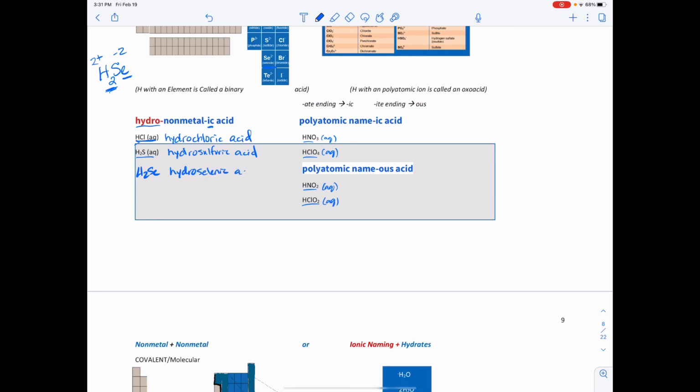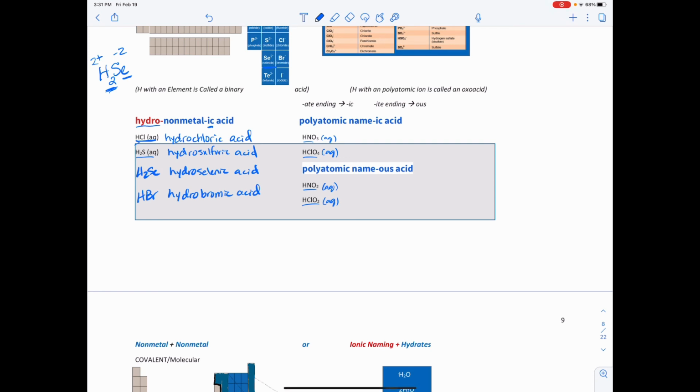Selenic acid. Now try HBr. Hydrobromic acid.